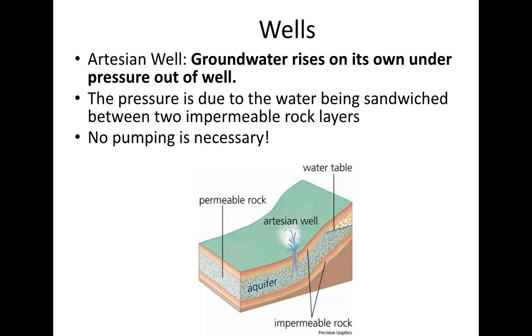Impermeable means what? It's not going to allow it to go in or go through. So no pumping is necessary. In an ordinary well, pumping is necessary. In an artesian well, we do not need to pump.